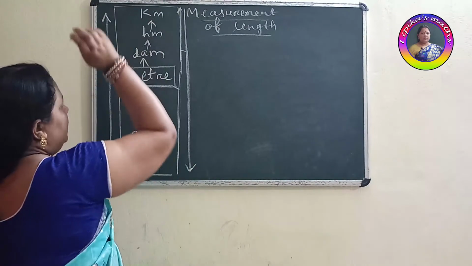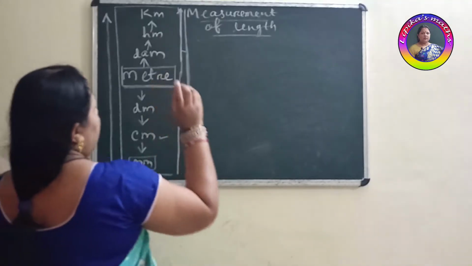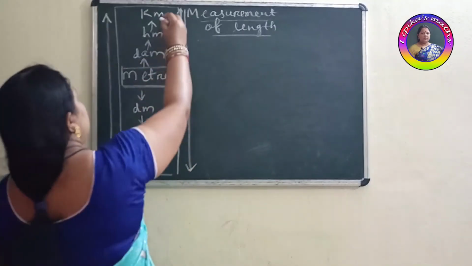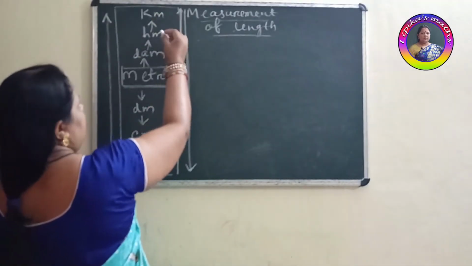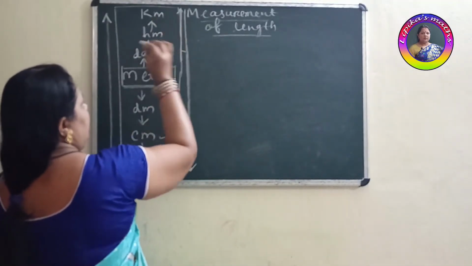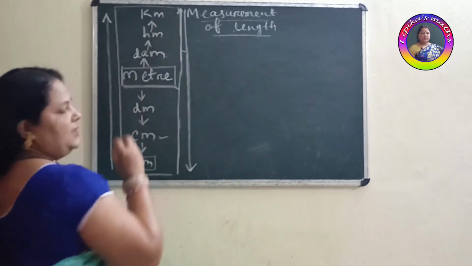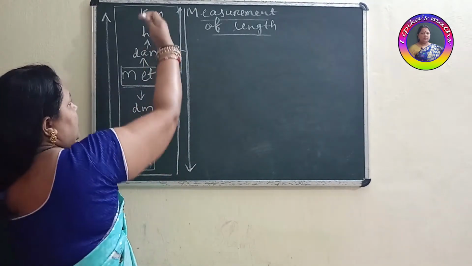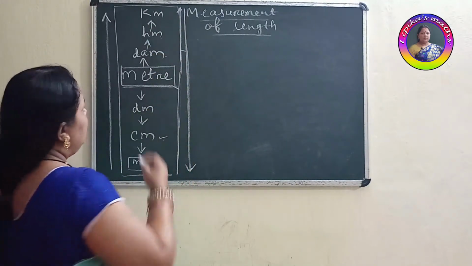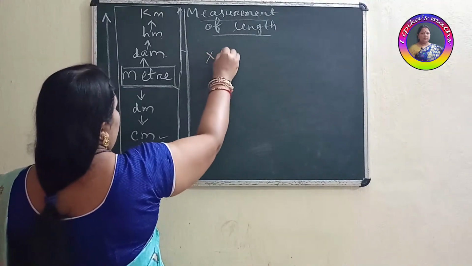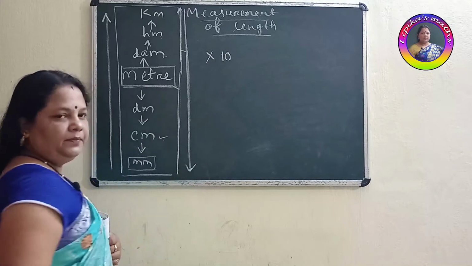So let's start from kilometer. Children, one thing you remember: when we change kilometer to hectometer, or hectometer to decameter, or decameter to meter, that means one step downward, then we have to multiply by 10.